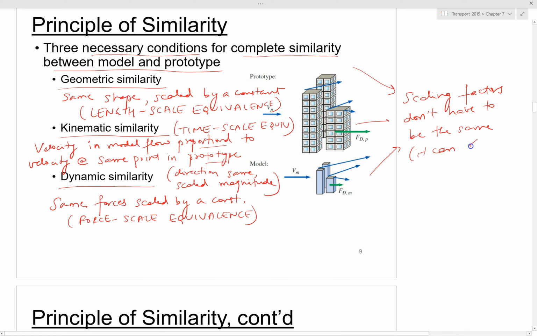It can be greater than, less than, or equal to 1.